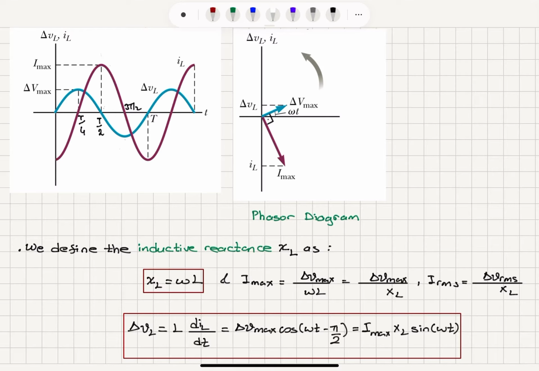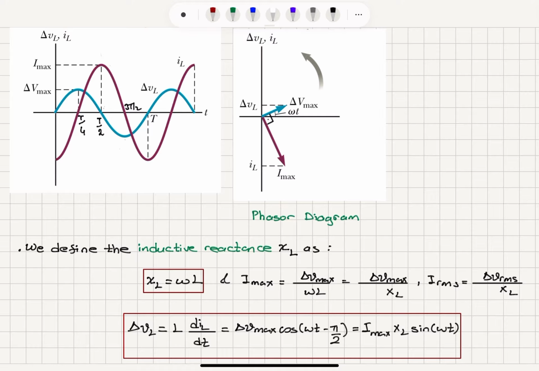What is cosine of omega t minus pi over 2? Cosine omega t cosine pi over 2, that is 0, plus sine omega t sine pi over 2, that's sine omega t. So we recover I max times X sub L sine omega t. Remember that delta V max should be equal to omega L times I max.